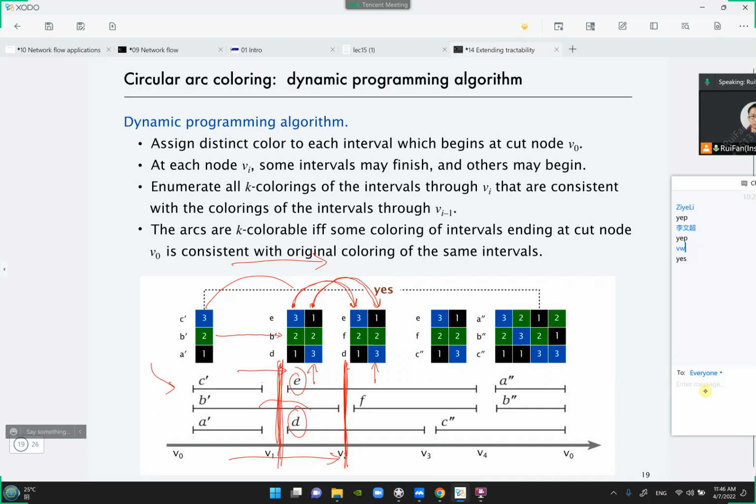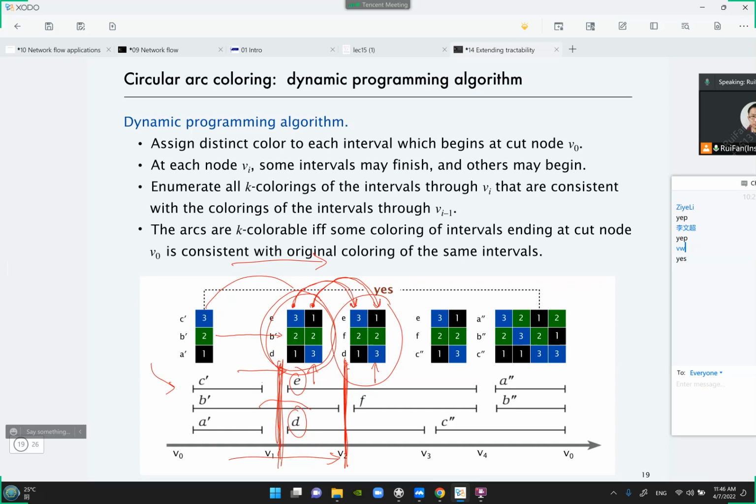So what we're doing is, at every location, if you have a bunch of different colorings over here, then at the next location we're looking for all of the colorings which are compatible with any of the colorings in the previous location.